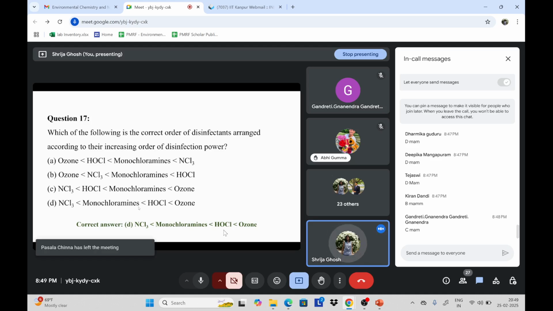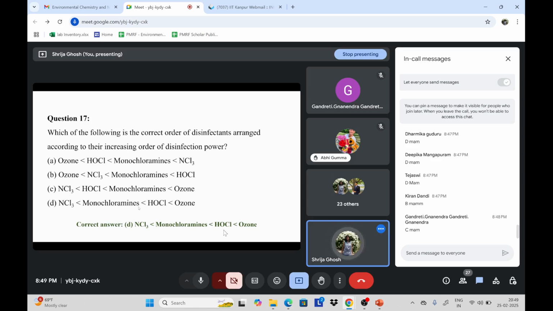Then comes the hypochlorous acid. I have already told you hypochlorous acid is the main disinfectant agent present in bleaching powder and all. Then comes the monochloramine, and then the trichloramine. So as the chlorine in the amines increases, you will have decreasing disinfection power.